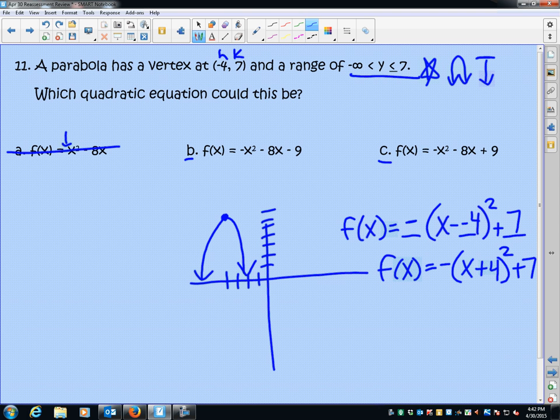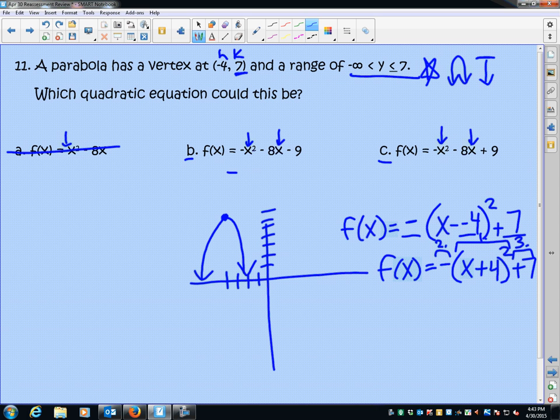You could absolutely work this out if you wanted to by doing your 3 steps, your FOIL, and then your distributing, and then your adding or subtracting. But I think it might be wiser just to take your x value and plug them in here and here, here, and here, and see which one gives you 7.